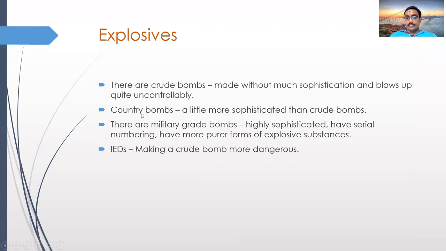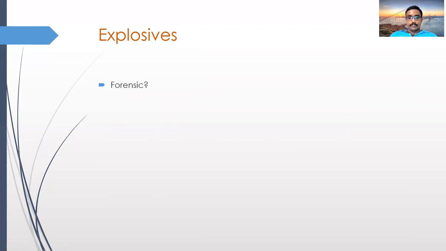They're called country bombs. There are military grade bombs also, which are made with more quality and more standardization. There are improvised explosive devices where they improvise a simple crude bomb to make it more dangerous, even by adding nails or glass pieces, for example.